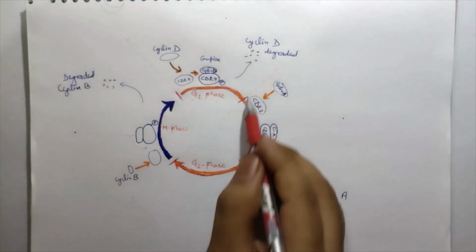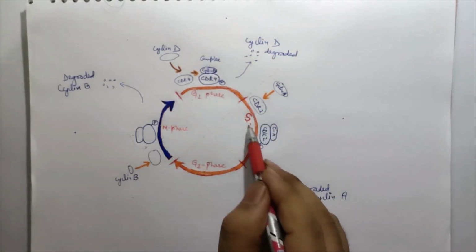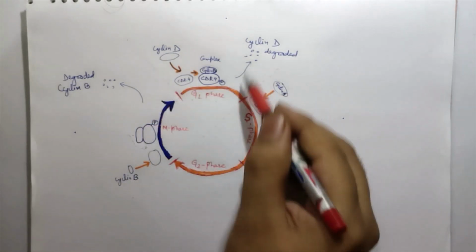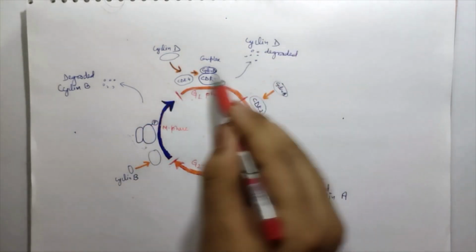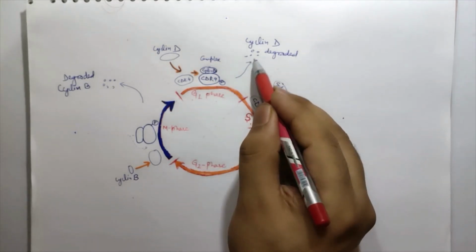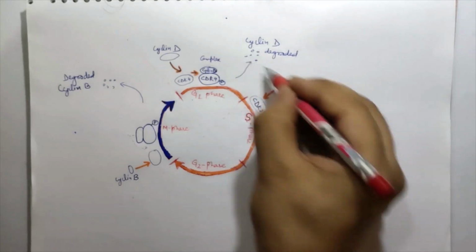And when this phase proceeds further toward S phase, the synthetic phase, the first trigger is inactivation of this complex, and it is done by ubiquitination, mediated by ubiquitin ligase.